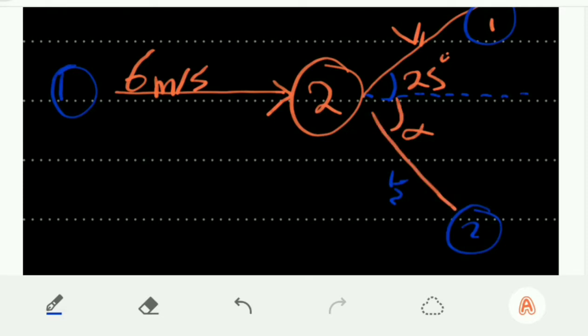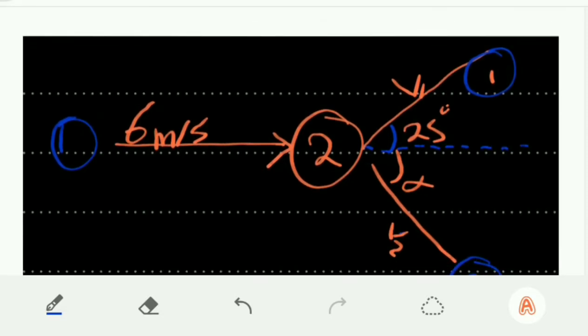Okay, so when you see this, we have a system that is changing direction with respect to the initial direction. So in this case, we have to consider the components of the speed. If we are finding v1, we have to consider v1 in terms of x as well as in terms of y.